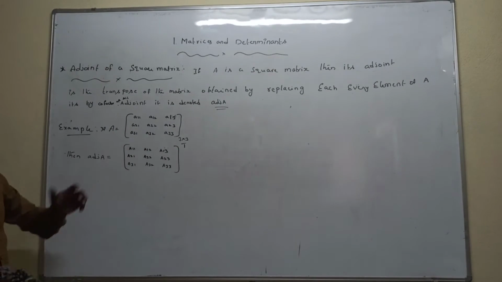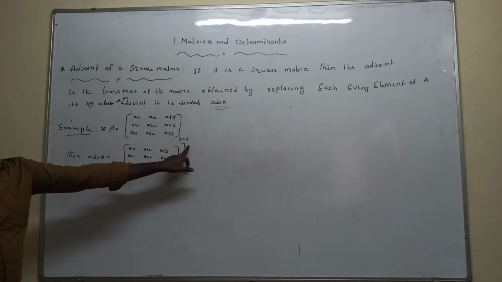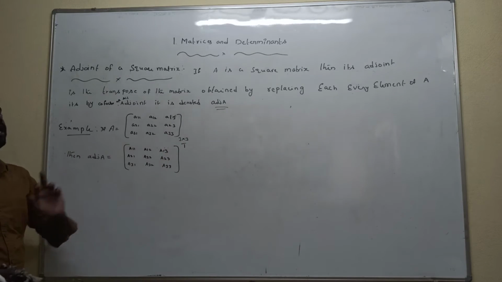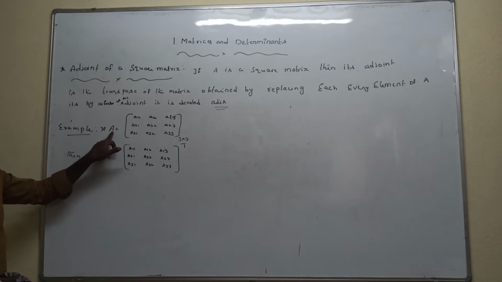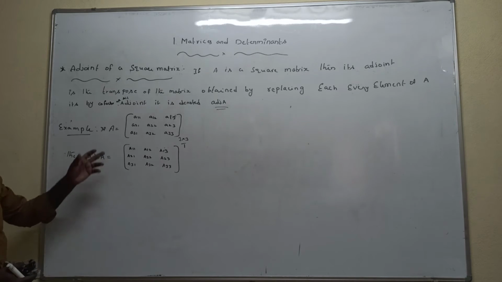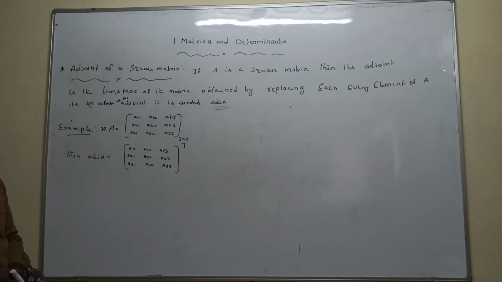So if A is a square matrix, then adjoint of A is the transpose of the matrix obtained by replacing each element of A by the cofactor of Aij.